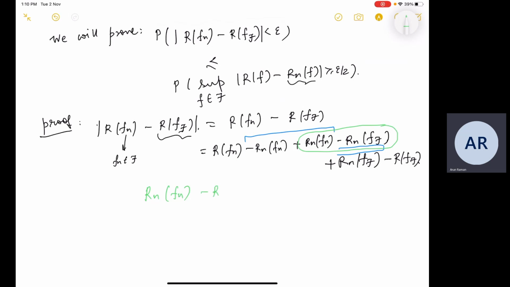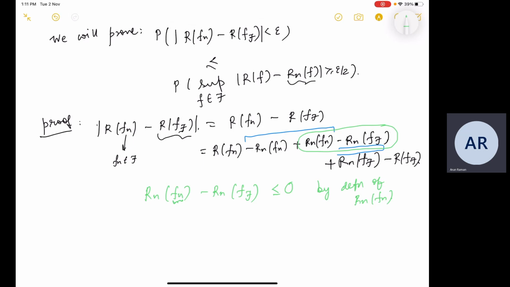Rn(fn) minus Rn(f script F) is less than 0. This is the claim, and the claim is true by the definition of Rn(fn). Because for the n samples that the algorithm has received, fn is the best approximation.